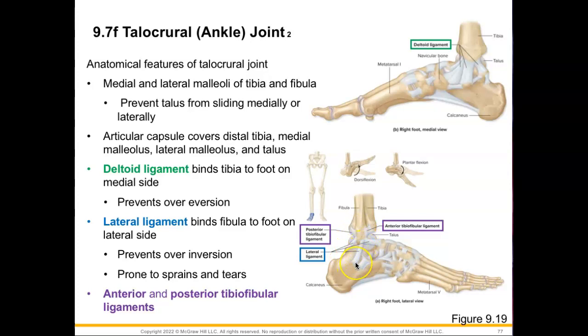And this is helping to prevent over-inversion, where we take the inner side of our foot and pull that upward. And this is going to be prone to strains or tears, which we're going to see on the next slide. And lastly, we have our anterior tibiofibular ligament and our posterior tibiofibular ligament. And these are attaching from the tibia to the fibula anteriorly, and we can see here attaching from the tibia over to the fibula posteriorly.